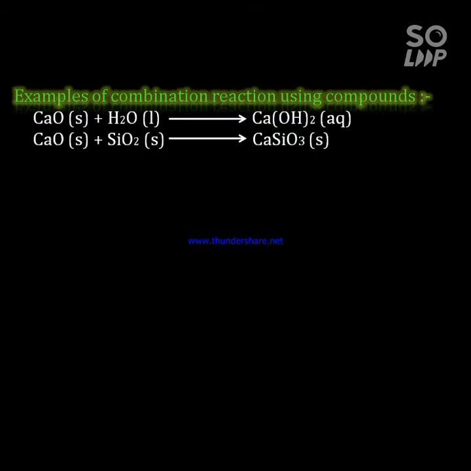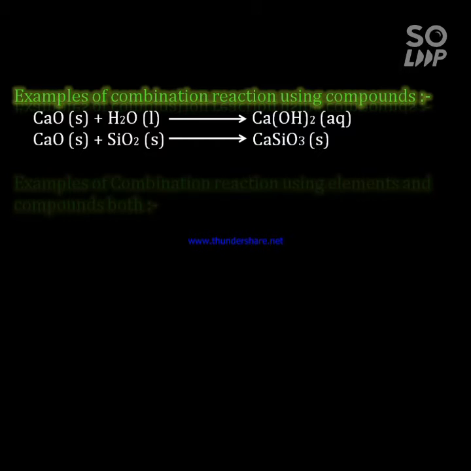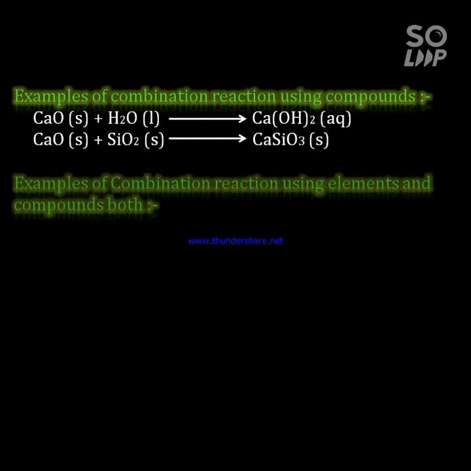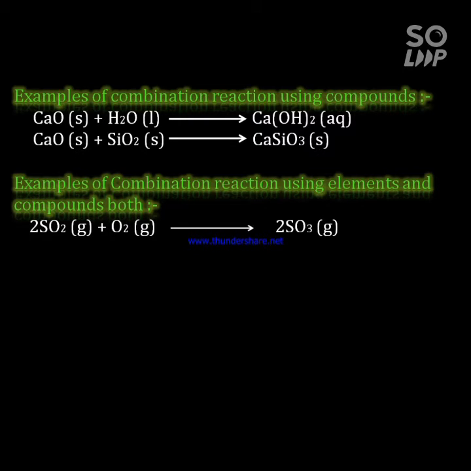Another example contains elements and compounds both. Here, sulfur dioxide is combining with oxygen to form sulfur trioxide. Dear students, here sulfur dioxide is a compound because it has more than one element. First element is sulfur and the second element is oxygen.